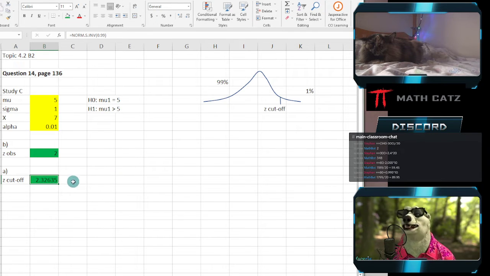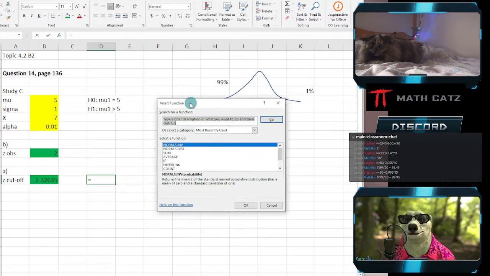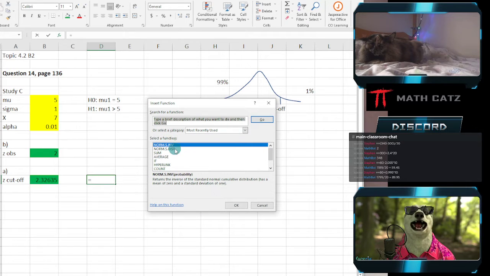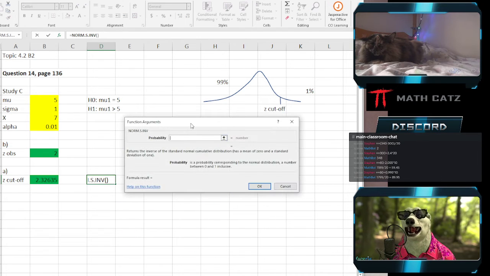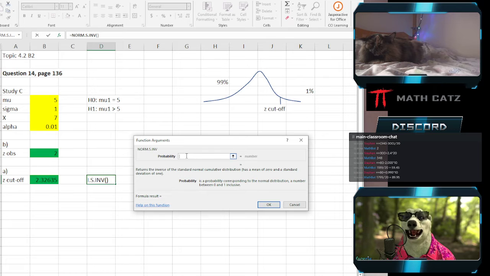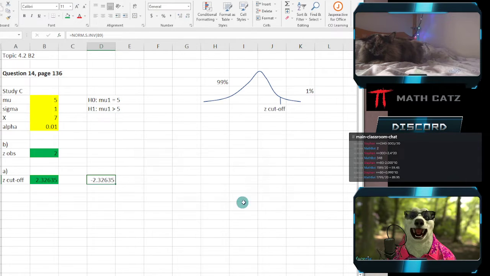Now there are other ways we could have done that. I'll just put it over here. We could have said that same inverse formula, because we used it, it's up in the list of frequently used functions, so that helps a lot. We could have said here in the probability we want our alpha, and then we would get the negative side, right? Because of the symmetry, it is always going to look at the left side.